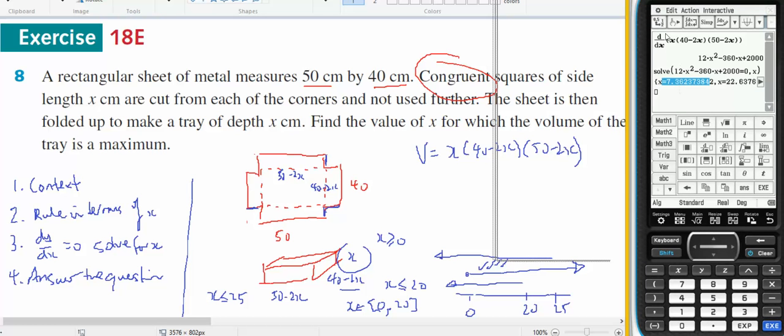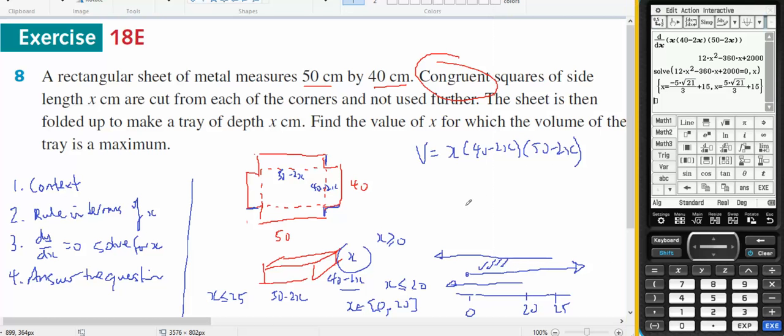So I'm going to take the smaller of the answers, which means that x equals 15 minus 5 root 21 on 3 centimeters. Find the value of x for which the volume is a maximum. That's the value of x for which the volume is a maximum.